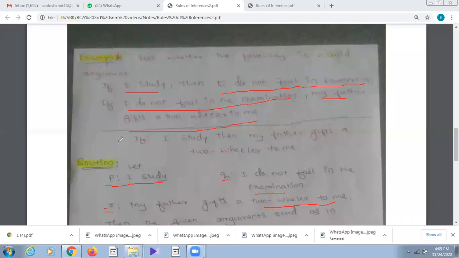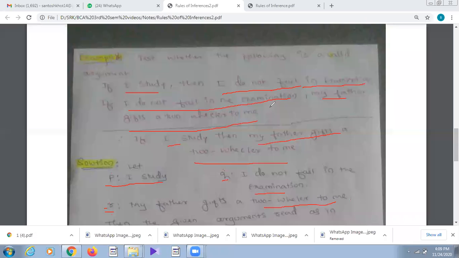Below that is "if I study." Already "I study" is P. And "my father gives a two-wheeler to me" we already denoted. So we identified the primary statements and symbolized them as P, Q, R. Remember this scenario of how to take the negative and positive sentence.